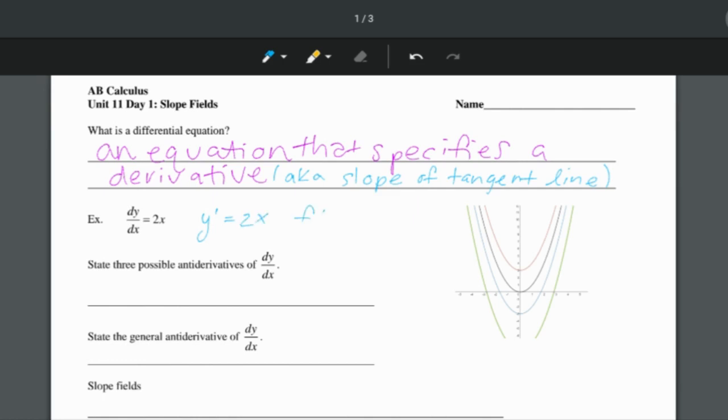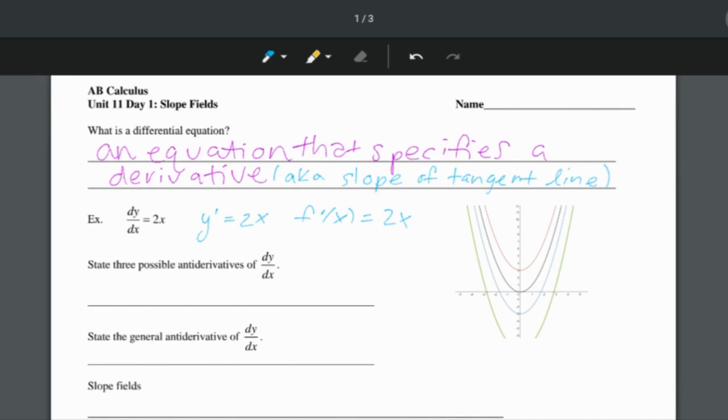Sometimes we use the notation f prime equals 2x. All right, but really all those mean the same thing. And since we're prepping for the AP test, they might write it a little bit differently. So we just need to prep ourselves to know that all of those mean the derivative or a differential equation. So it says state 3 possible antiderivatives of dy/dx.